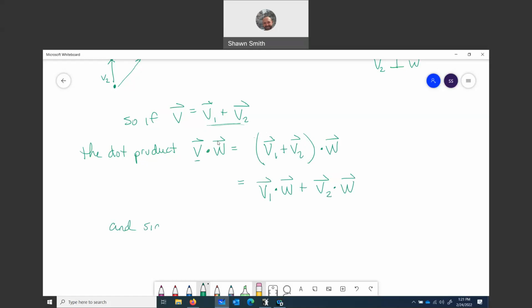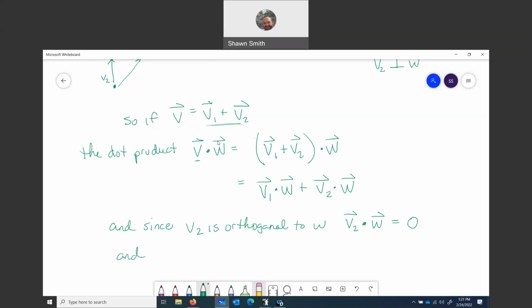And since V2 is orthogonal to W, that means the dot product of V2 and W equals zero, right? So this is zero right there.